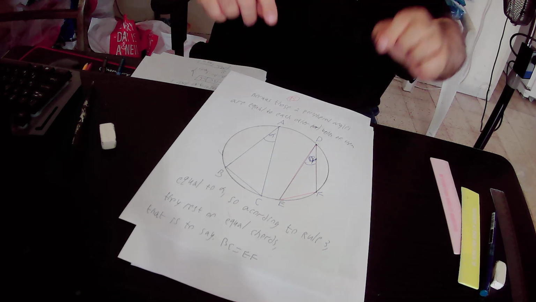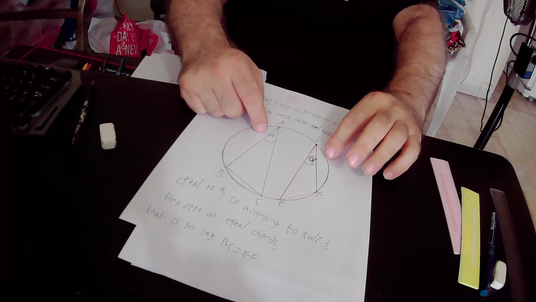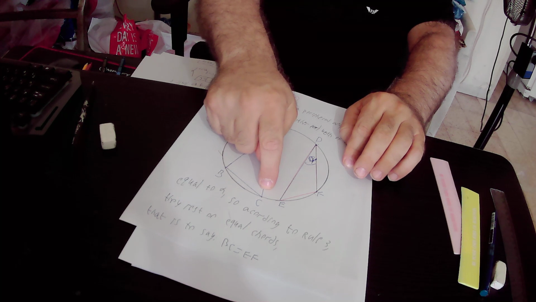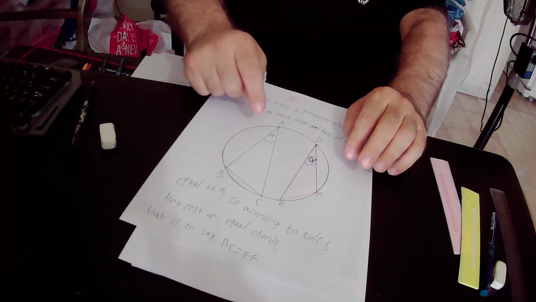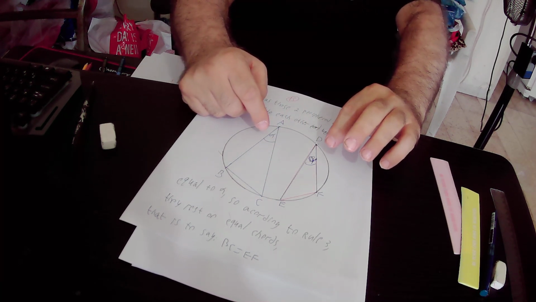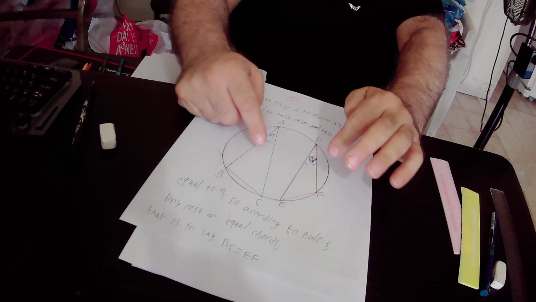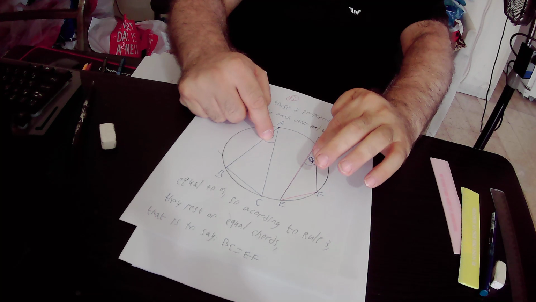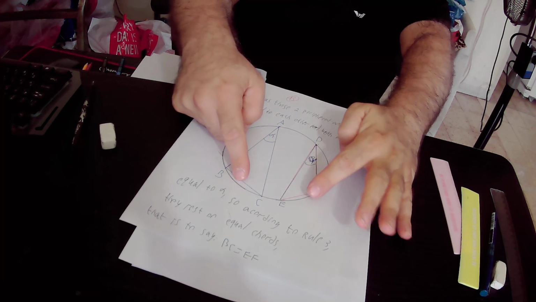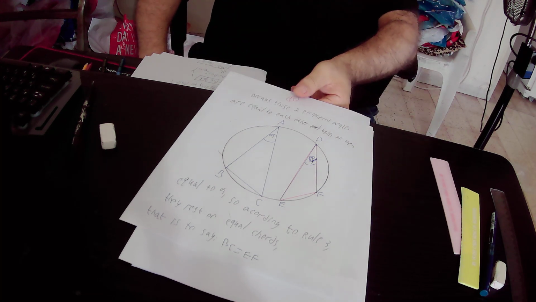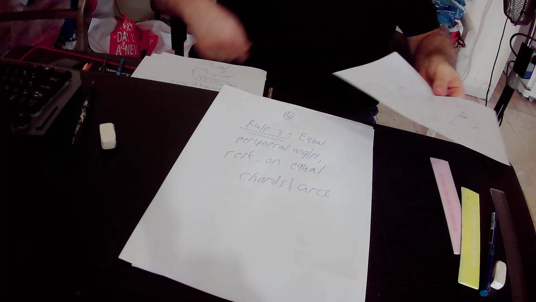Because they are equal to each other, they also rest on equal chords. That is to say, BC equals EF, because equal peripheral angles rest on equal chords. Alpha equals alpha. For that reason, BC equals EF. Okay, so that is rule number 3.